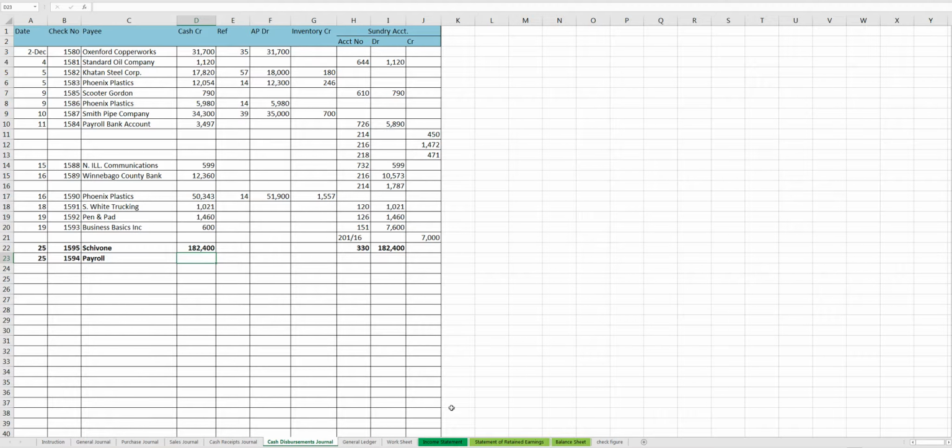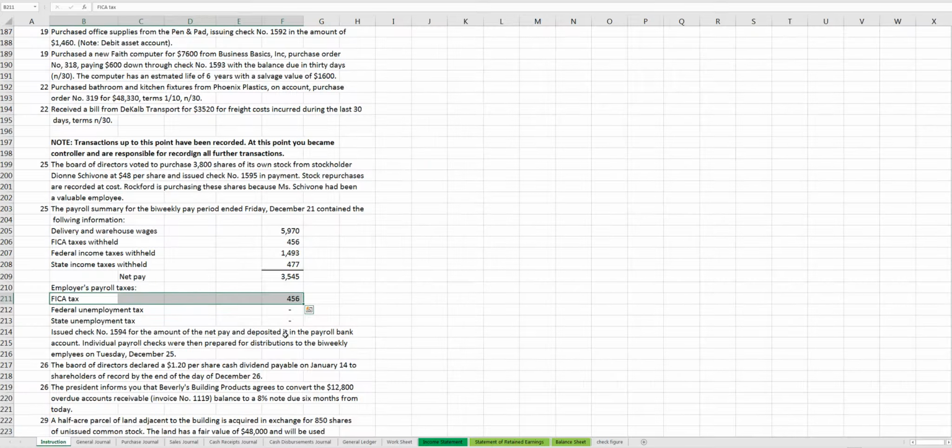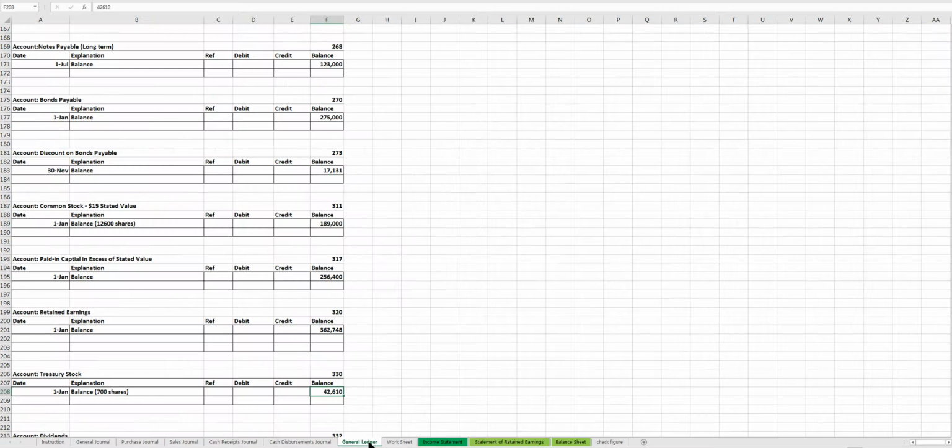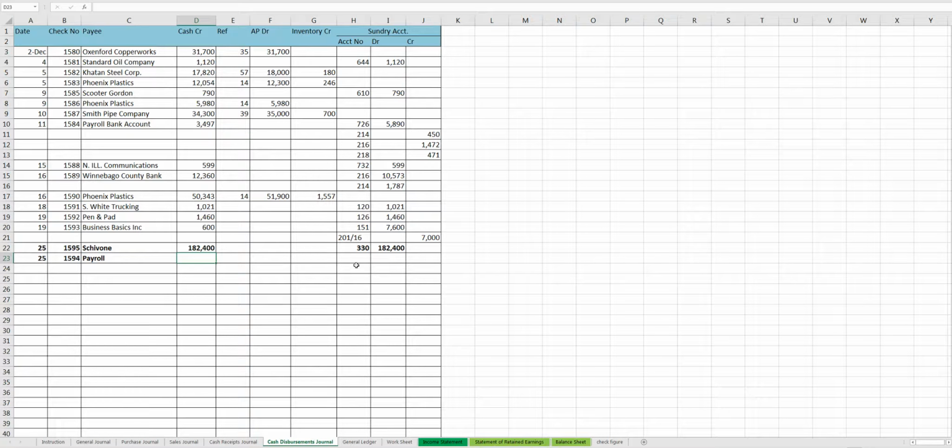So total salary and wage expense, 5,970, and the salary and wage account number. Okay, we can go to the general ledger to find that account number. So I'm not going to go through that. All right, so basically we're going to debit the expense.